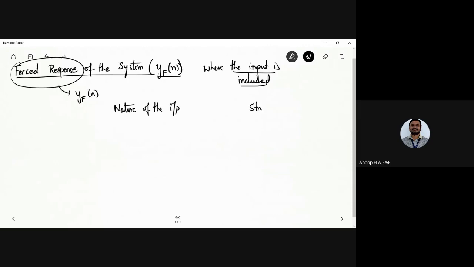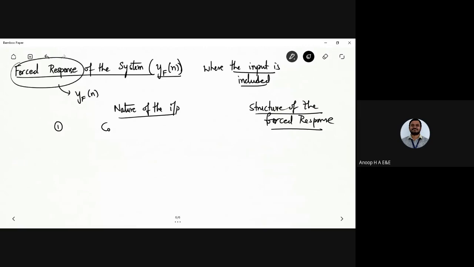Next, you have the structure of the forced response. So nature of the input, then you have the structure of the forced response. First one, a constant, say u of n.